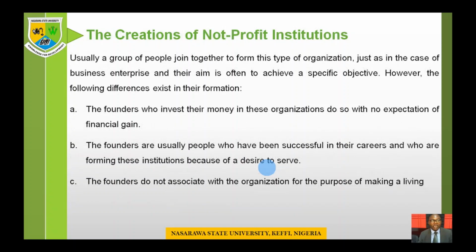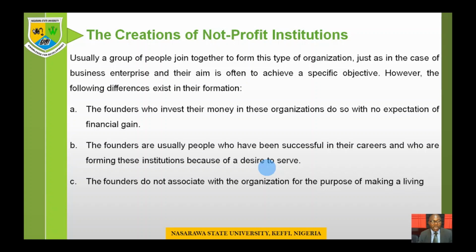So we are looking at the creation of not-for-profit institutions. Usually a group of people join together to form this type of organization, just as in the case of business enterprise, and their aim is often to achieve a specific objective. However, the following differences exist in their formation.